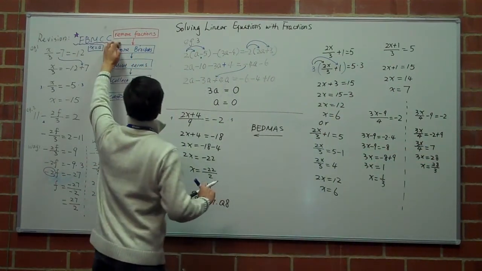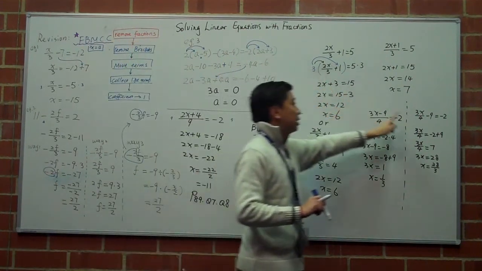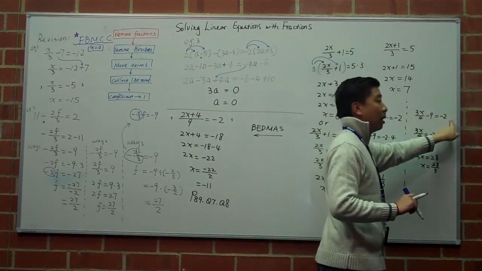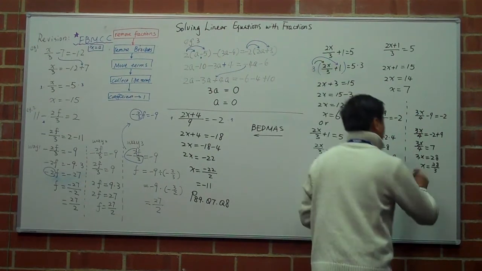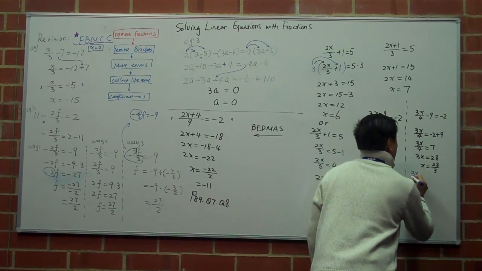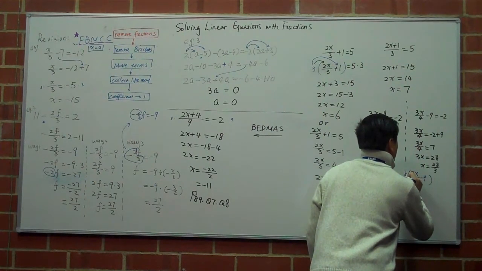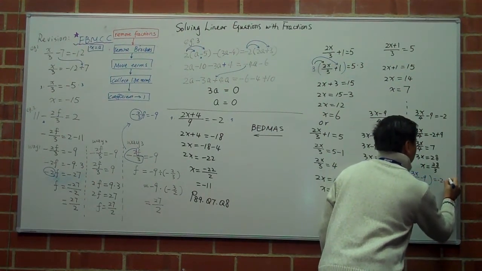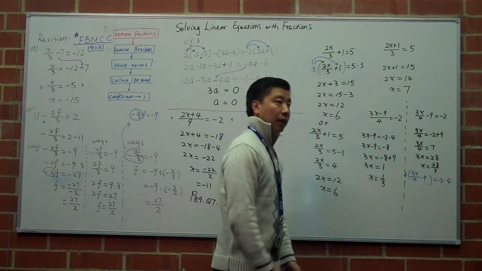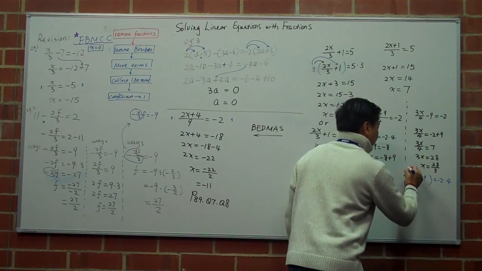Or I follow this method, remove fractions. Here is a fraction. I times 4 on both sides. And then I do expanding.